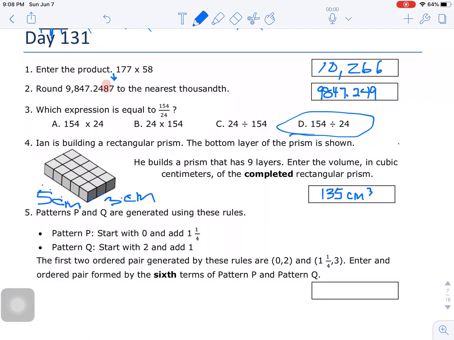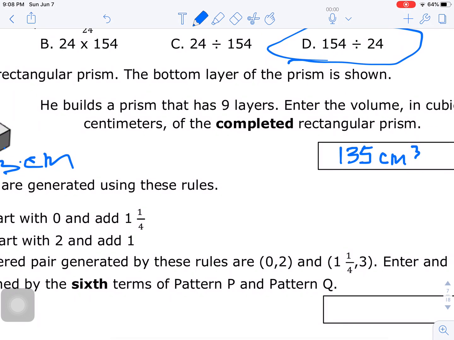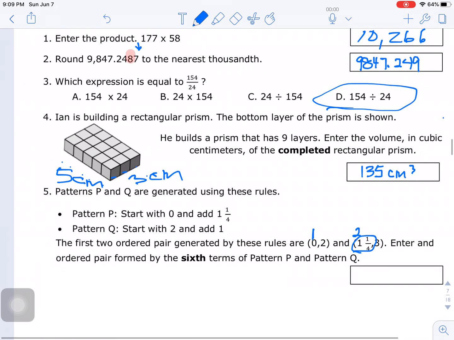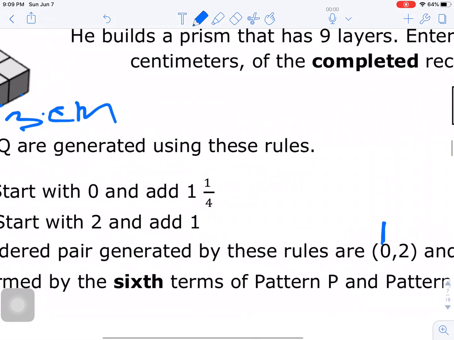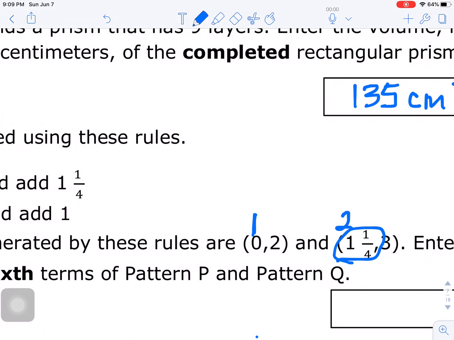Okay, so we know, the first term we have 0, and then the second one is 1 1/4, because we're starting with 0 and we're adding 1 1/4. So 1 1/4 plus 1 1/4 is 2 1/2.